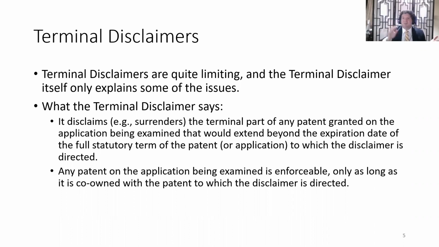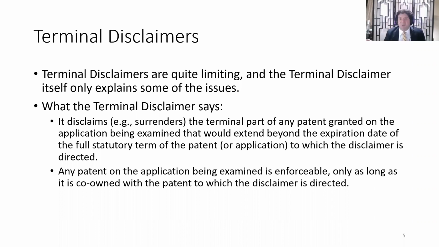Otherwise, you could just keep refiling every time you get an allowance and keep your patent protection forever. The terminal disclaimer results in the children patents expiring on the same day as the parent. So you still get that initial patent term, whatever it is, and then you can file these continuations, but as long as the terminal disclaimer's there, they're all going to expire on the same day as the parent patent.